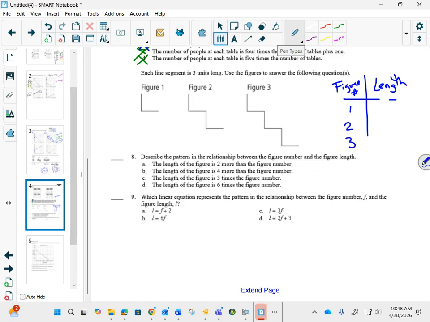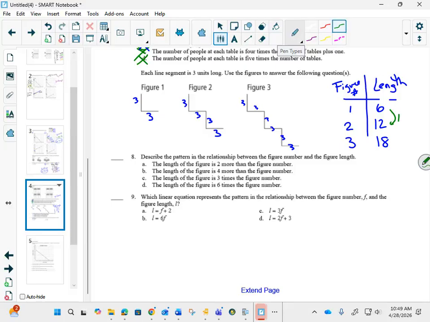It says each line segment is 3 units long. So figure one is 3 plus 3. Do you see that its length would be 6? This next one is 3 plus 3 plus 3 plus 3. Its length is 12. And this one would be 3 plus 3 plus 3 plus 3 plus 3 plus 3. Its length is 18.